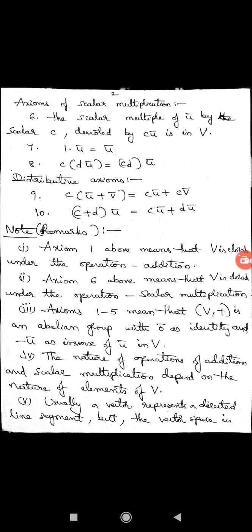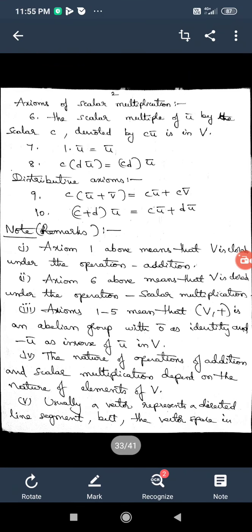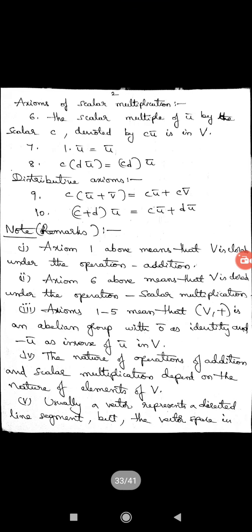There are three axioms under this subtitle, the sixth, seventh and eighth properties. And what are they? Let us see. The scalar multiple of u bar by a scalar c, denoted by c u bar, is in V.